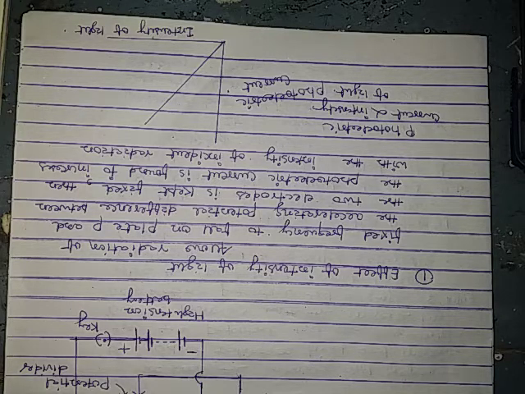When the frequency of the light is kept fixed and we increase the intensity of light, then the photoelectric current also increases with the increase of intensity of light.